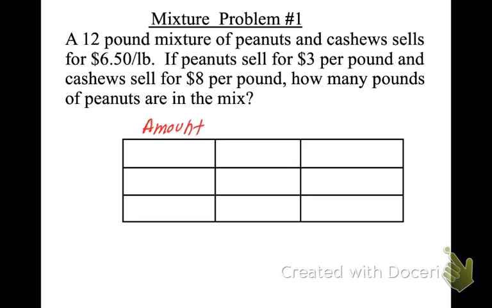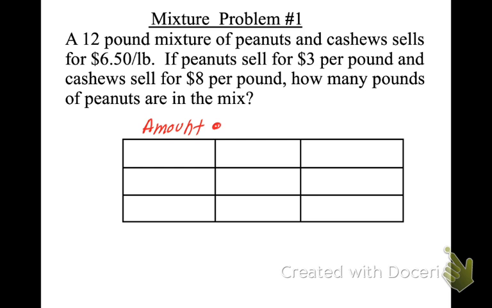Somebody want to read the problem? A 12-pound mixture of peanuts and cashews sells for $6.50 per pound. If peanuts sell for $3 per pound and cashews sell for $8 per pound, how many pounds of peanuts are in the mix?